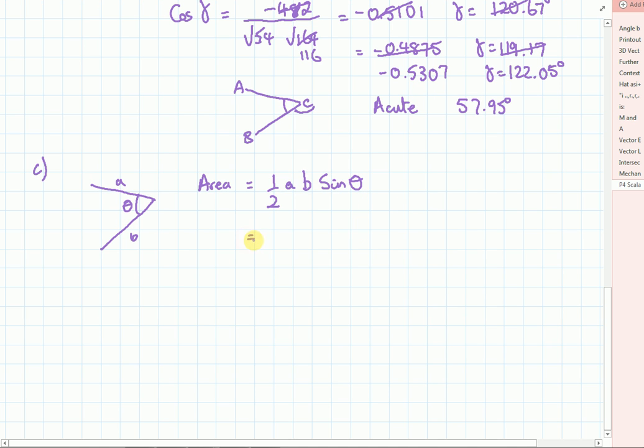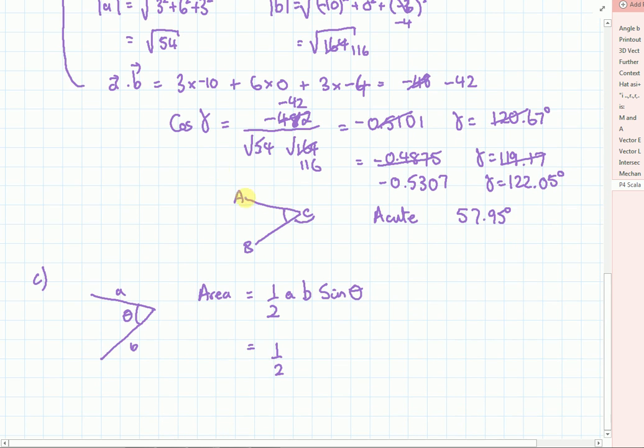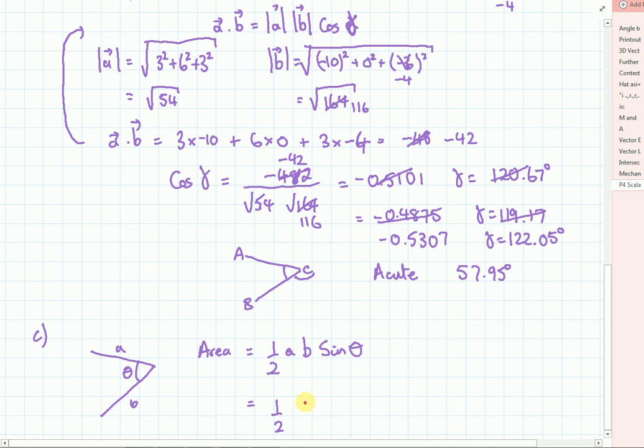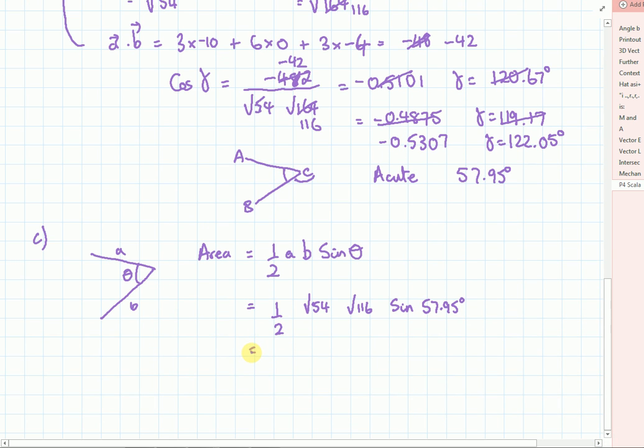So the area of that is magnitude of the first side, the root 54, times the root of 116, times the sine of the 57.95 degrees, that gives me 33.54 square units.